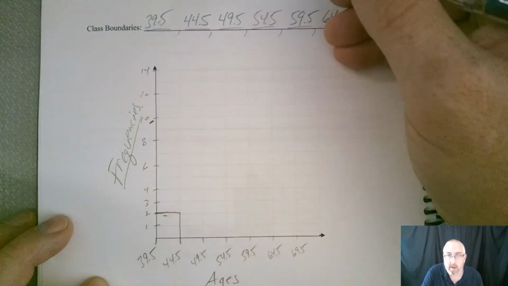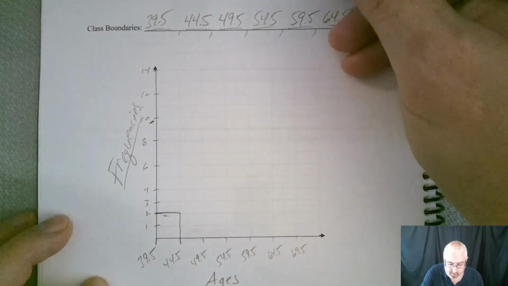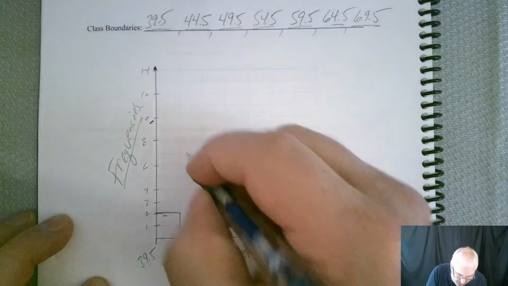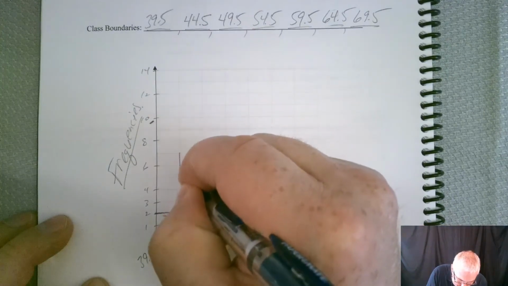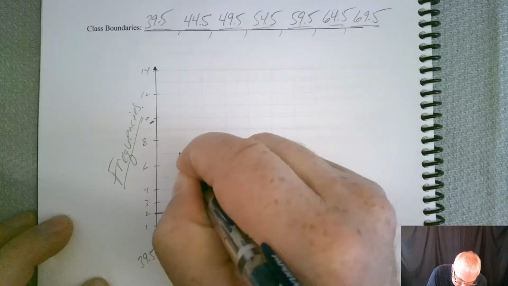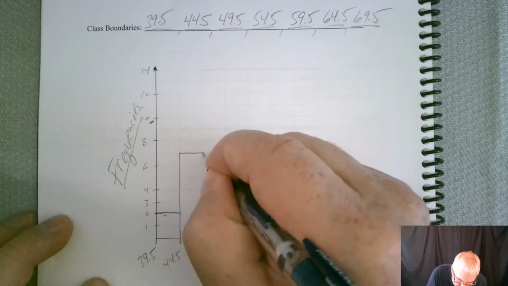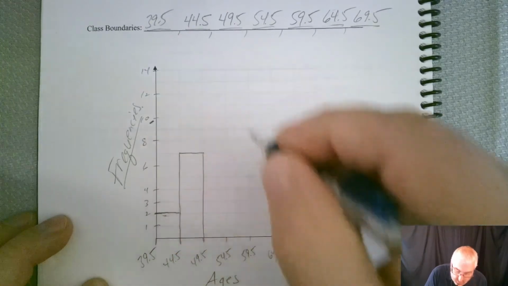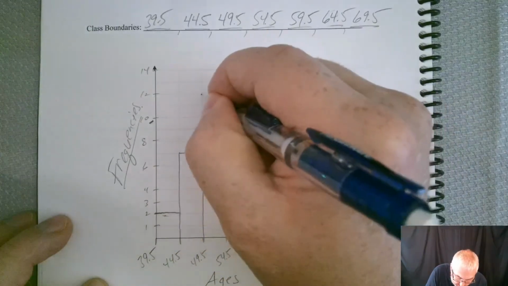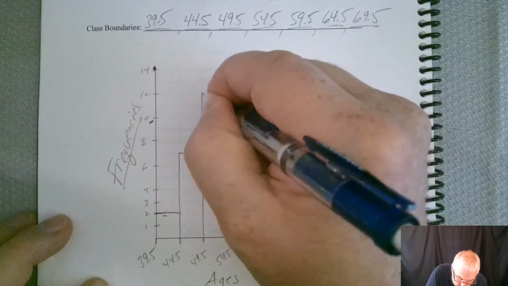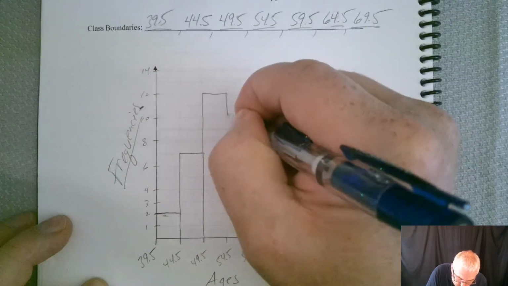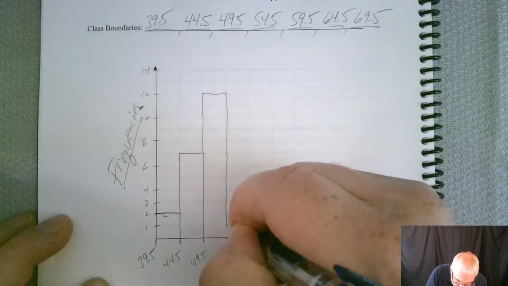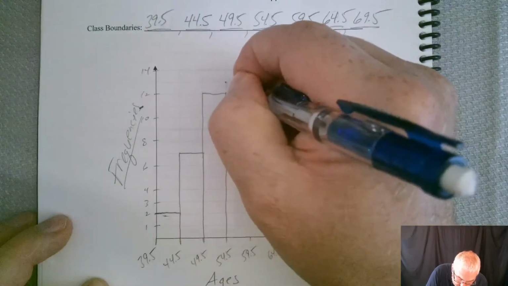The next bar, you can see it. I don't have to scroll all the way up, do I? It's 7. So let's go up to a 7. Draw that in. Then we got to go up to 12. Then 13.